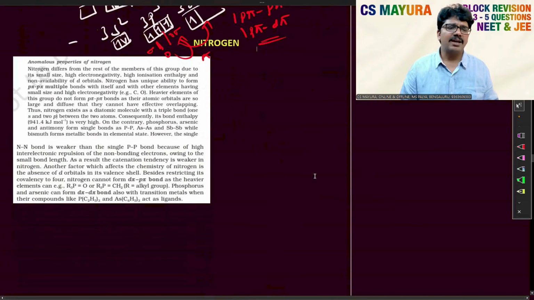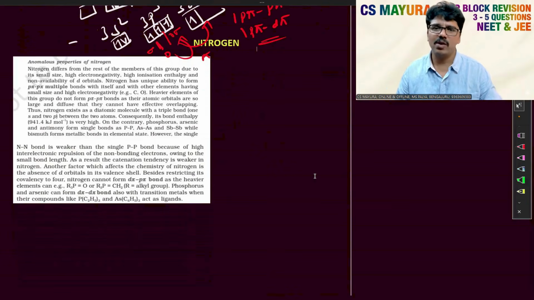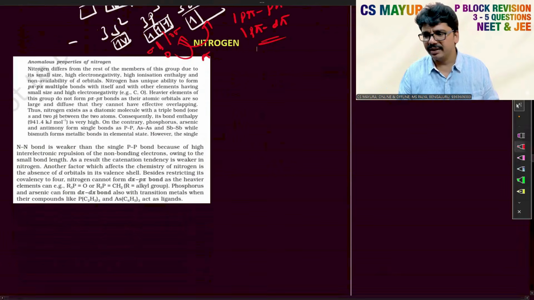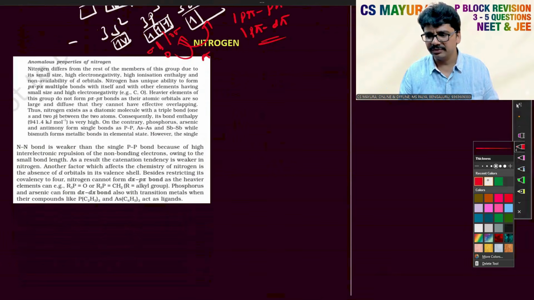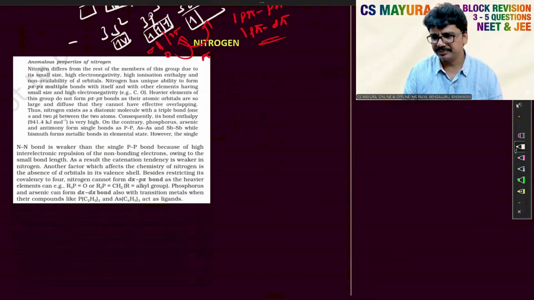Next, coming to anomalous properties of nitrogen. Regarding p pi d pi bonds, p pi bonds, valencies, we already discussed. Here the new point in the anomalous properties of nitrogen is, see this R3PO.